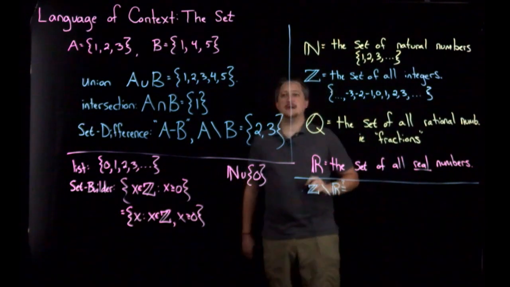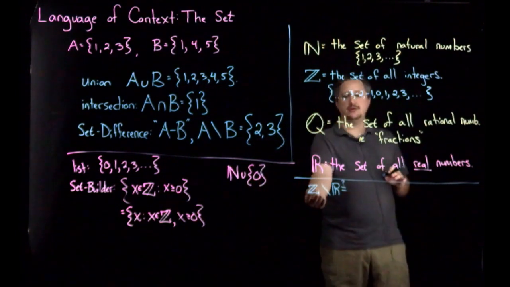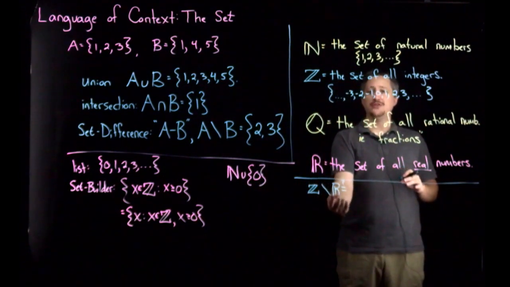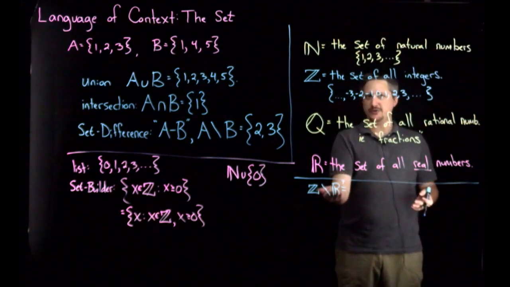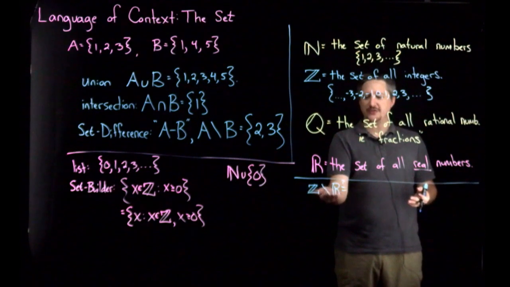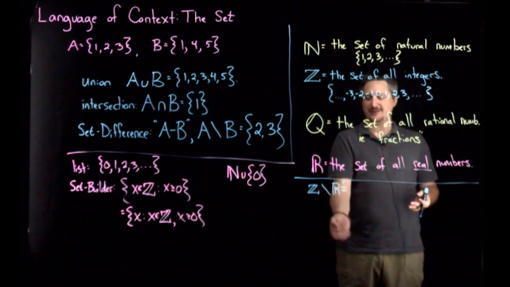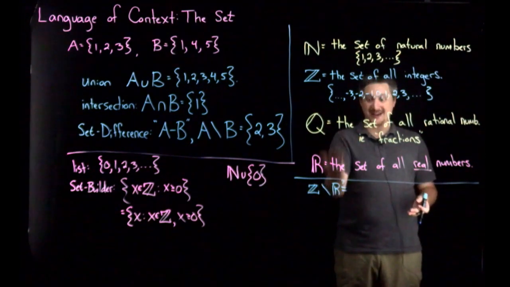What does that mean? That means I'm going to look at integers, but I'm going to remove all of the real numbers. And this is kind of weird, right? Because all integers are real numbers. So I've effectively removed everything. I started with some stuff, and then I removed everything from it.